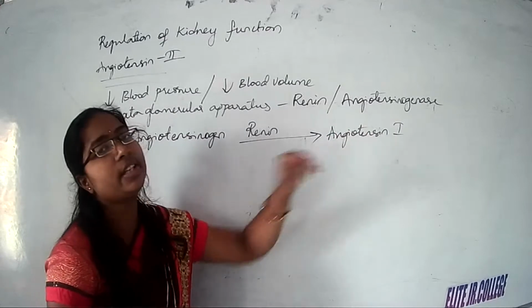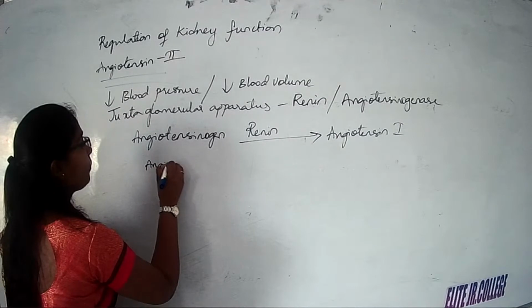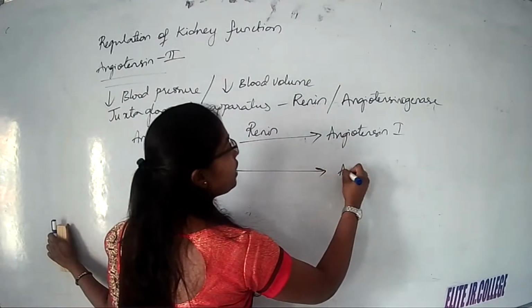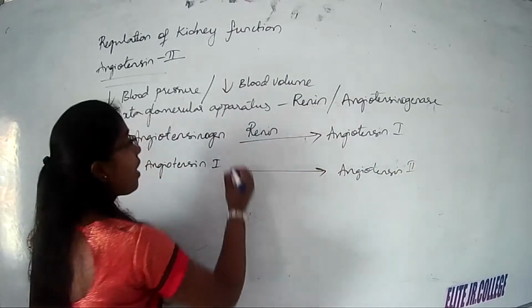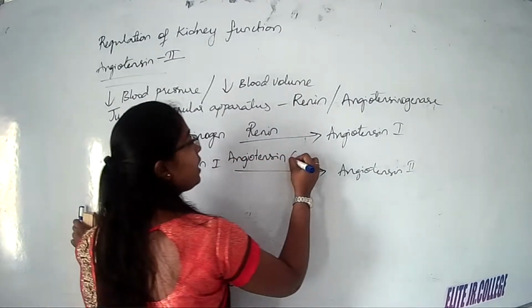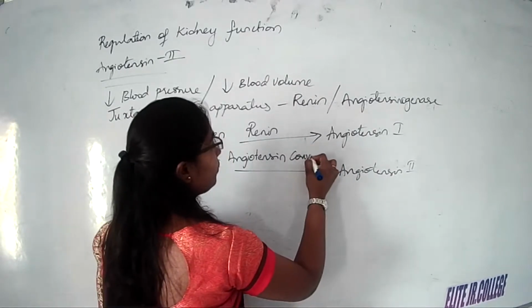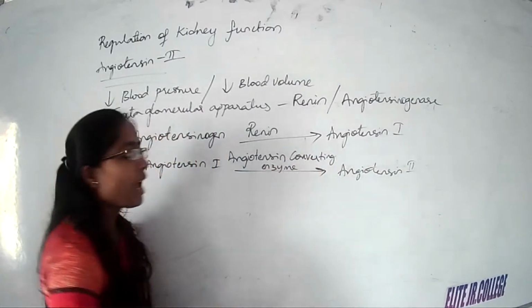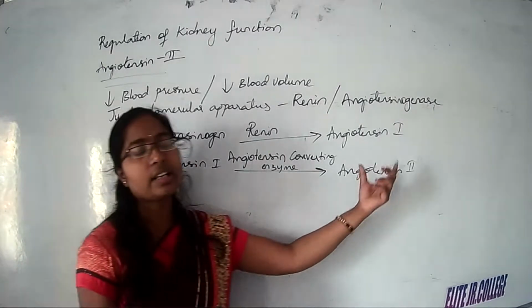And again this angiotensin 1 is further converted into angiotensin 2 by angiotensin converting enzyme. Angiotensin converting enzyme is going to convert angiotensin 1 into angiotensin 2.